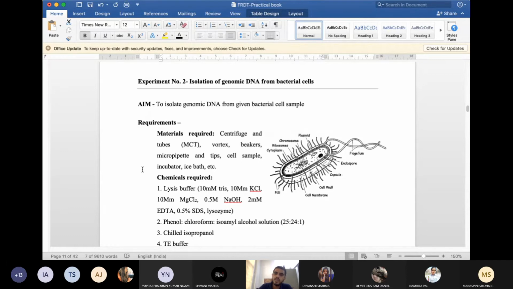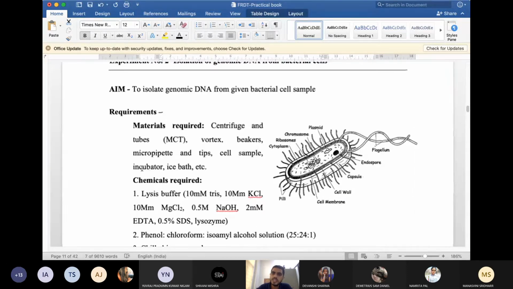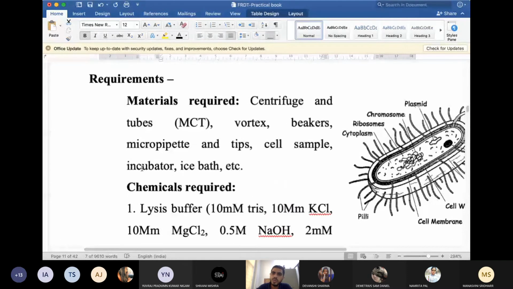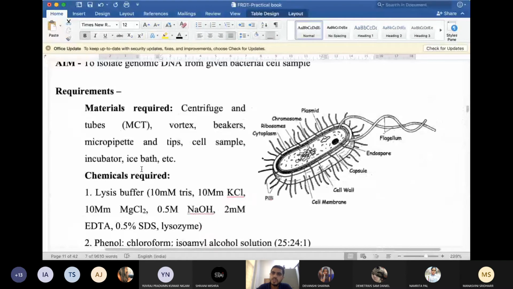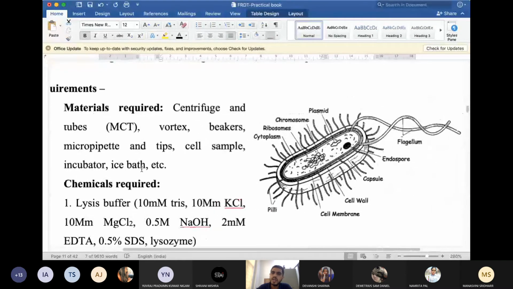Now how to proceed, how to extract the DNA? For extracting the DNA, you must be aware of the architecture of your cell, what type of cell it is, or the cell makeup, because you must be aware of where your genome is located. Your genome is located within the cell, and it is surrounded by many types of membranes or walls.